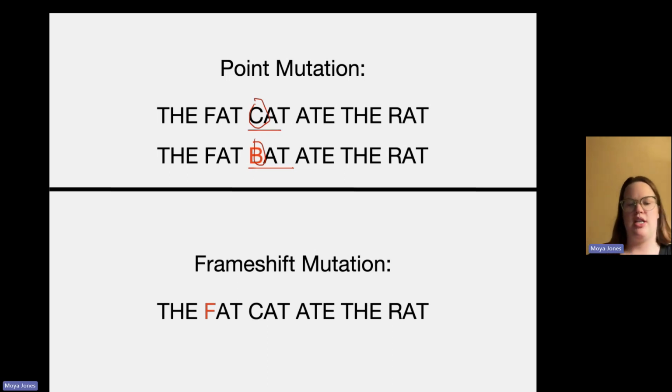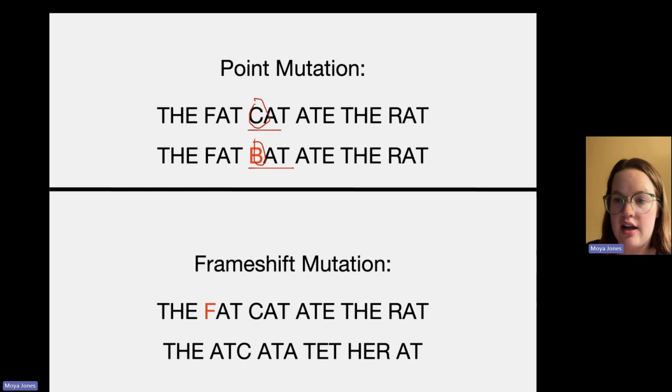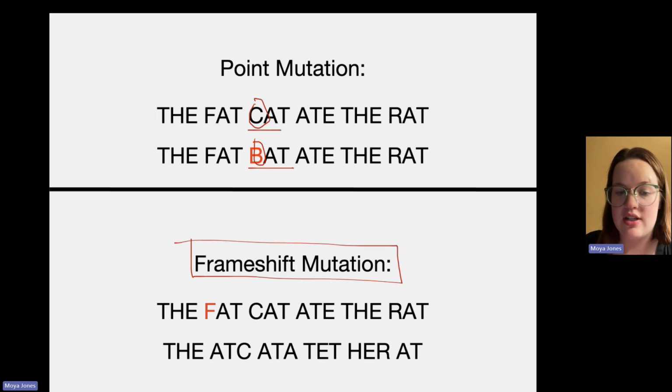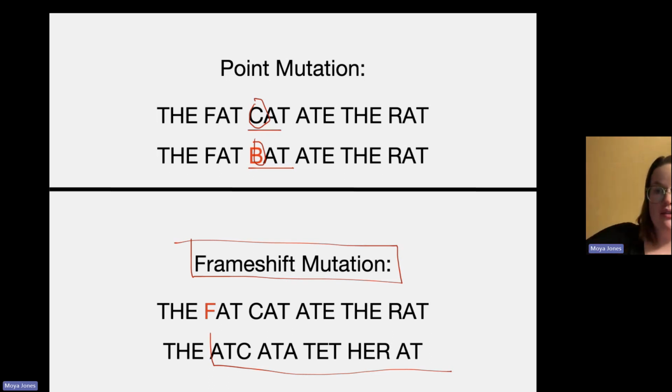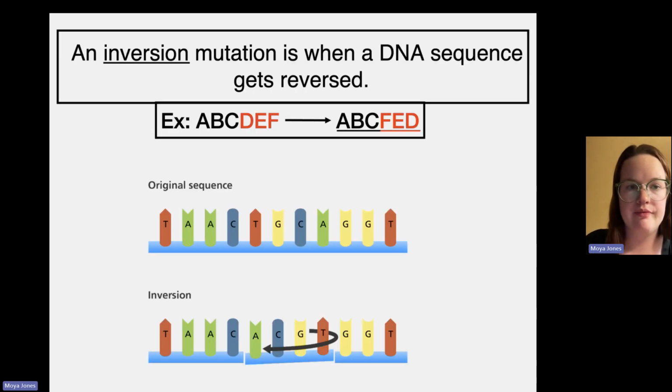Let's do a frame shift mutation at the bottom. The fat cat ate the rat. If we got rid of that F, this is what the sentence now says. What had a bigger effect? The frame shift mutation. And that's because the frame shift mutation affects everything after the point of the original mutation, but the point mutation only affects that one base. The frame shift mutation affects everything after.